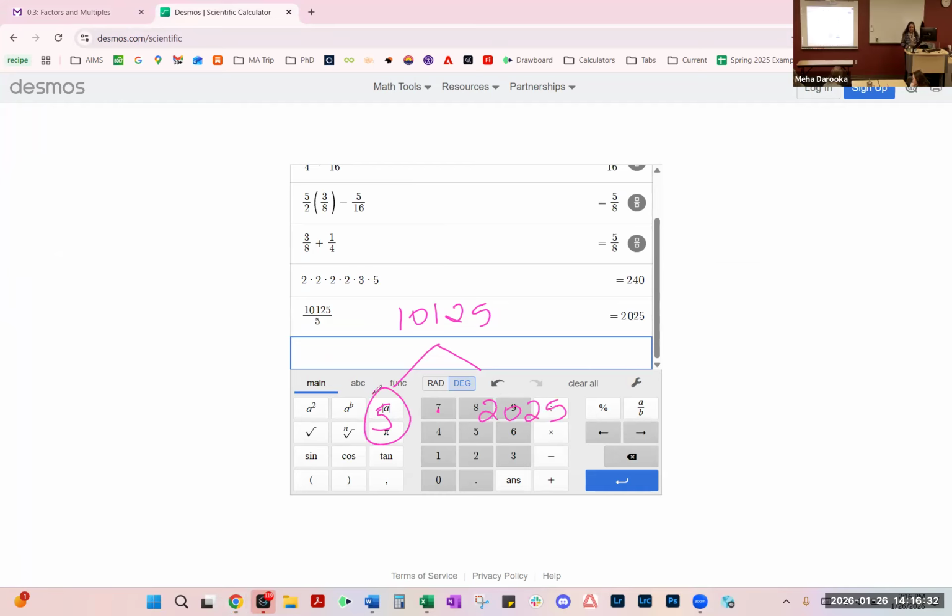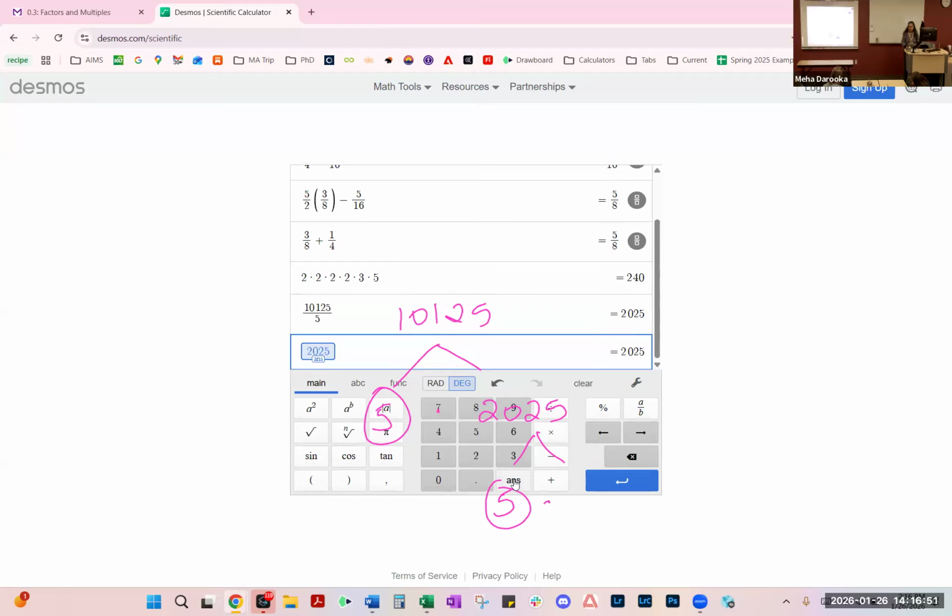Of course, the 5 is a prime number, so that branch will end right there, but 2025 will also be divisible by 5. So you can see, okay, 2025 divided by 5 will give us what? Now you can type that whole number in, but also remember you can use that answer key on your calculator because the answer key stores whatever the last solution you came up with. So I can just click on the answer key and it gives you that 405.